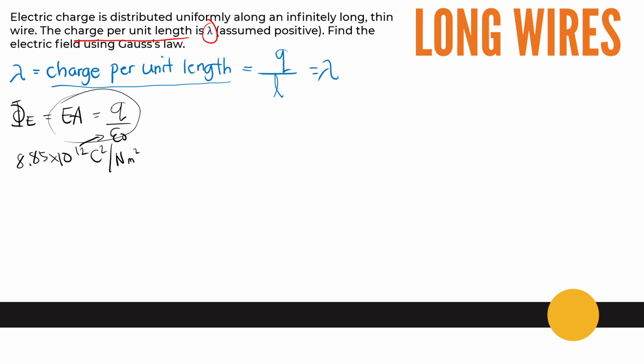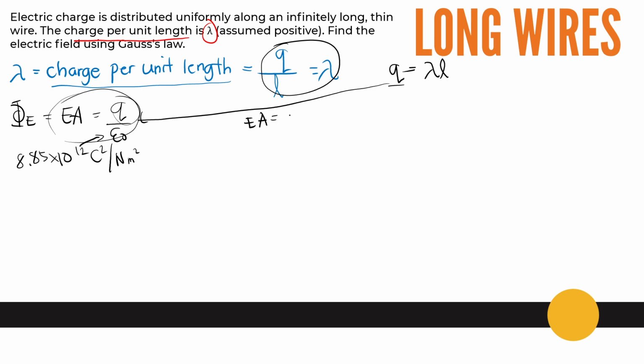Tapos, etong Q na to, guys, in case na walang given na Q, you can actually replace it with your Q from this equation. Q would be equal to lambda times your length. So pwede kong palitan yung Q ko. EA is equal to lambda L all over epsilon naught.